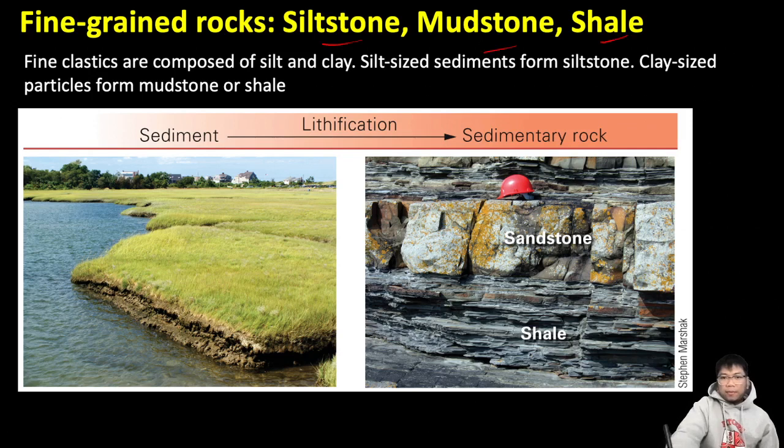All of these three types of rocks consist of fine clastics. Silt-sized sediments will form siltstone. Clay-sized particles will form mudstone or shale. This is what mud looks like in modern day, and this is how it looks after it undergoes lithification.